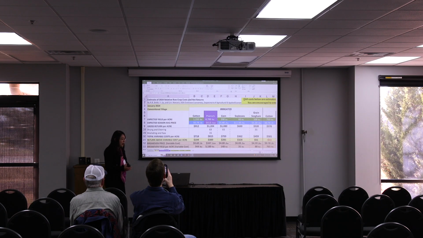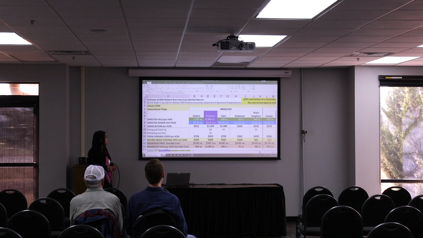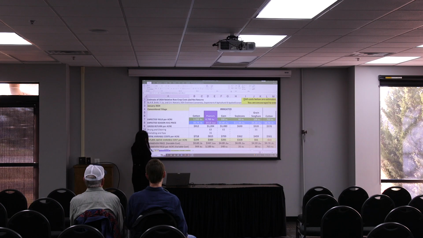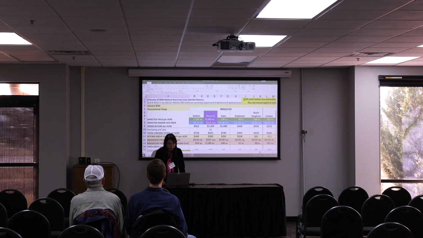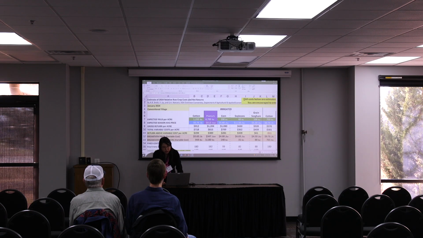We are using it to compare different crops, including cotton, peanut, soybean, and grain sorghum, using the historical yield or expected yield and expected price to see which crop is more profitable, to help producers make decisions about which crop to plant. So here, we currently have cotton yield at 1,200 pounds, peanut at 4,700 pounds, corn 200 bushels, soybean 60 bushels, and grain sorghum 100 bushels.